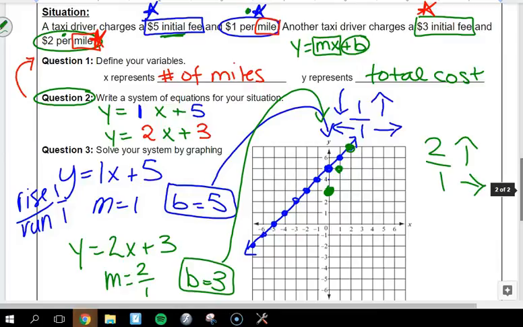And if we can't go up and right anymore, we go down and left. And now if we look, we have a crossing point at 2, 7.